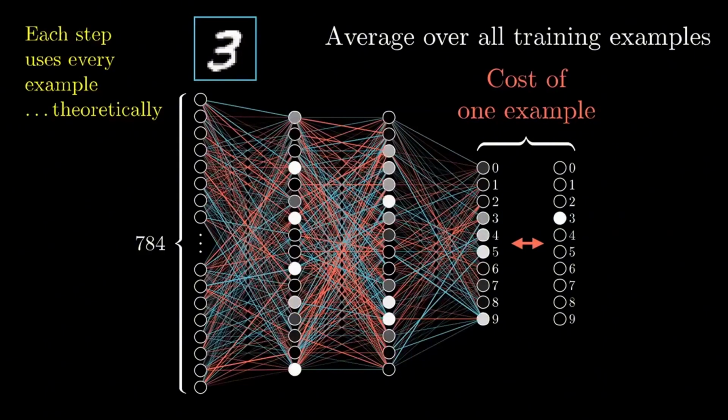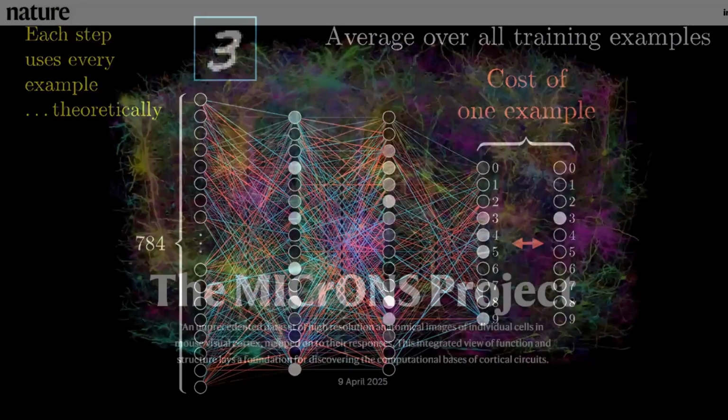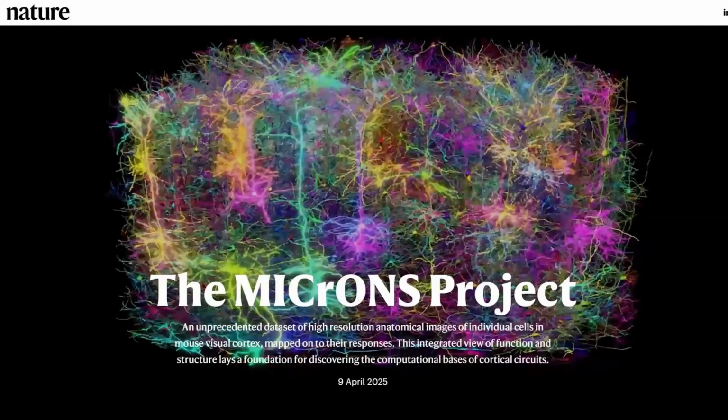However, just how complicated an actual brain is was recently shown in the Microns project. This is a series of papers that were published in the journal Nature. It's a data set of high resolution images of individual cells in a mouse's visual cortex.